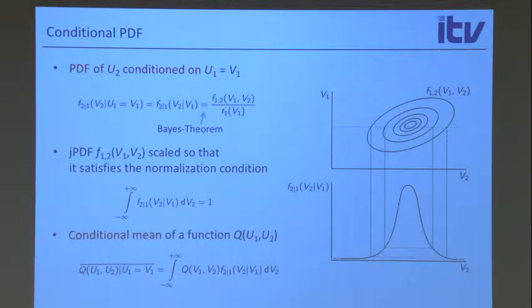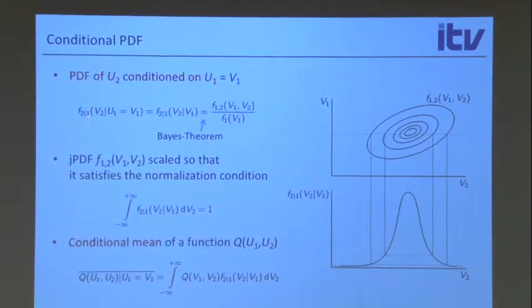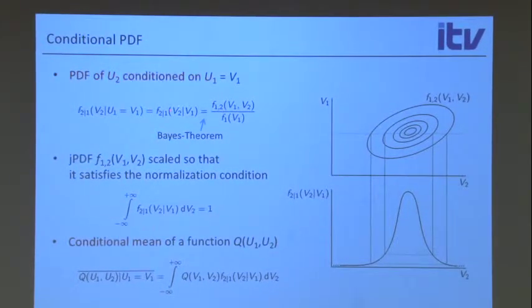So that's exactly what this is. The conditional PDF, so we say here the PDF of V2 given, the bar here means given, U1 is equal to V1, a certain value of V1, is equal to the PDF evaluated at that point divided by this area.